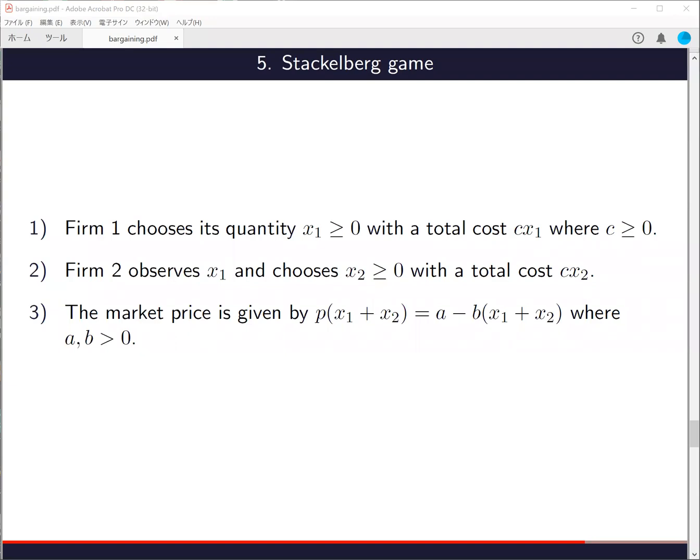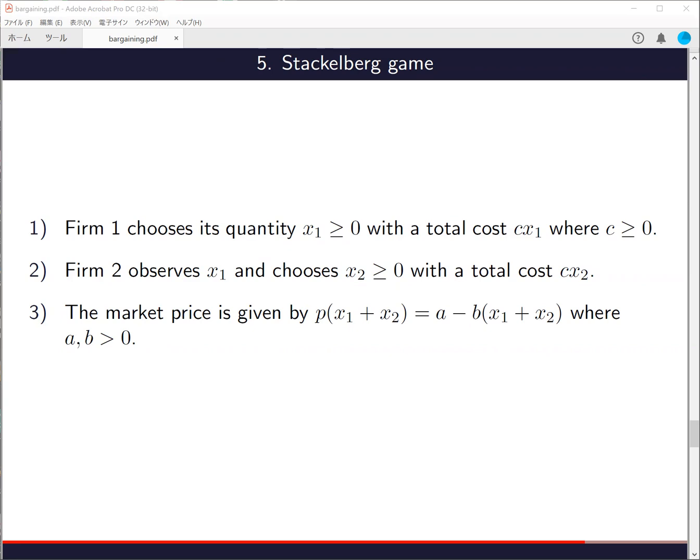Let us now consider another type of dynamic game called the Stackelberg game. Here, the game proceeds in the following way. First, firm 1 chooses its output level or quantity x1 with a total production cost of C times x1, where C is a positive constant.